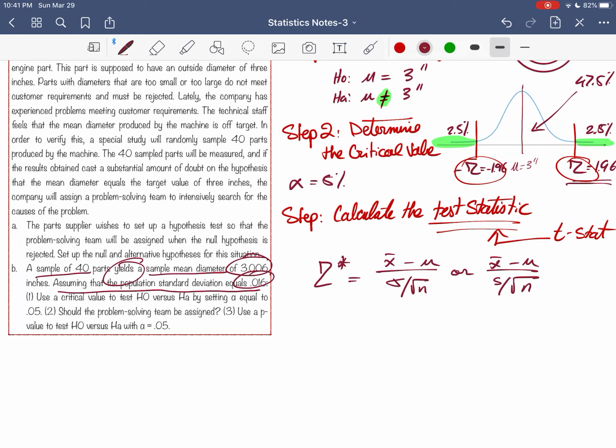So for us, we have Z is equal to 3.006 minus 3 divided by 0.16 divided by the square root of 40.